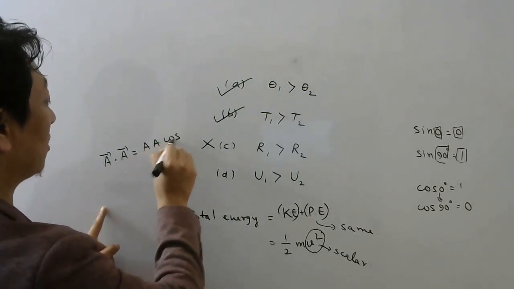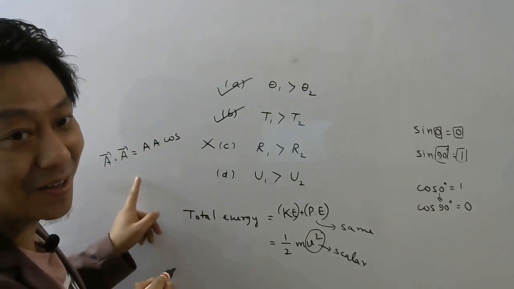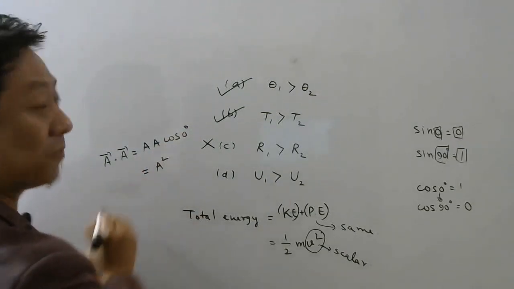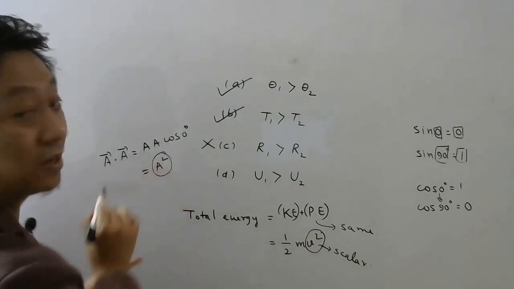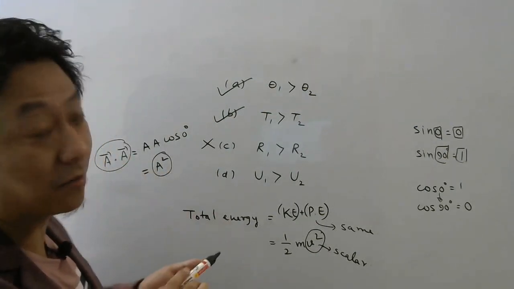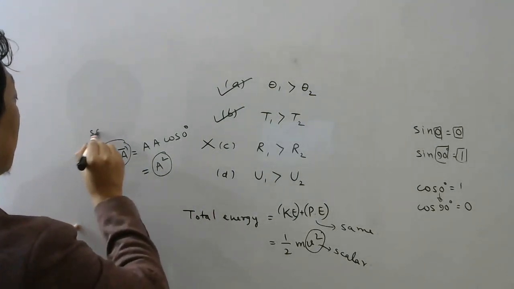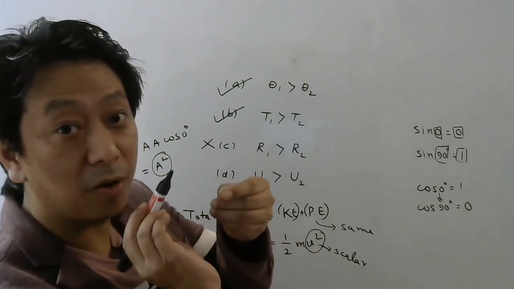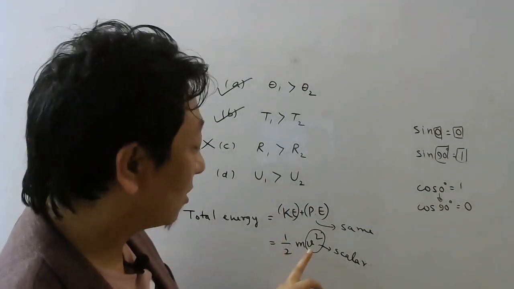A square cos, what is the angle between a bar and a bar? Same vector, so cos 0. So that will be a square, right? So square of a vector is dot product of the vector with itself, and we all know dot product is scalar. So this quantity does not depend on angle, it only depends on the speed.